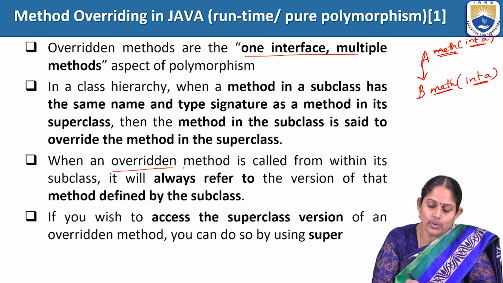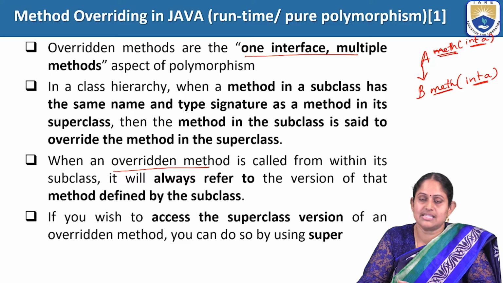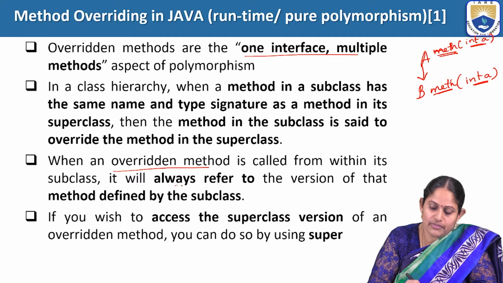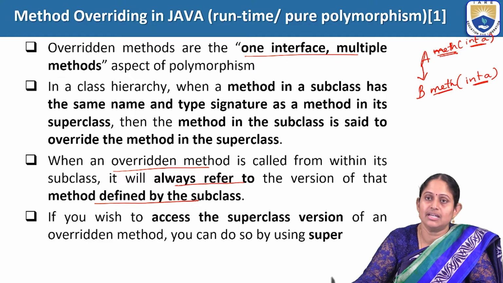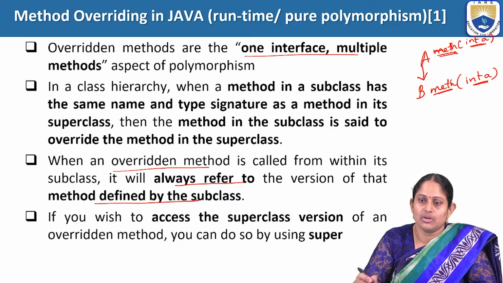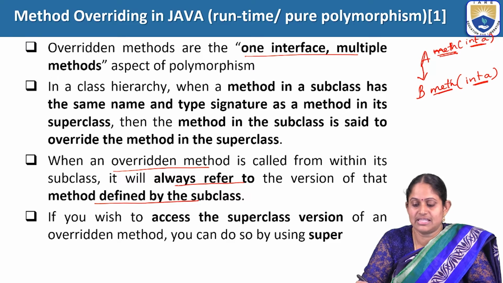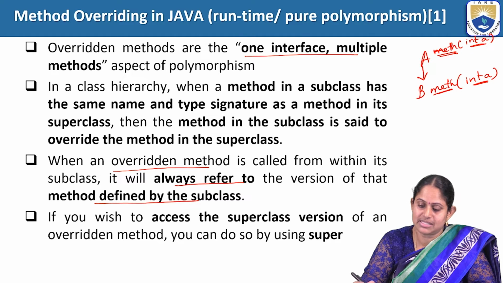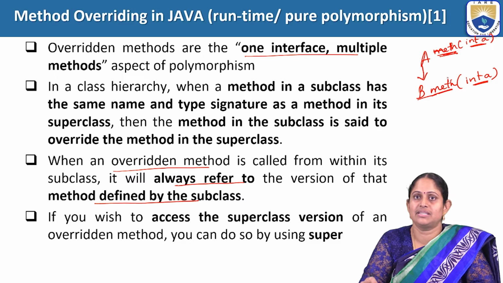That is, when an overridden method is called within its subclass, it will always refer to the method defined by the subclass. So in method overriding, they will have the same name and the same signatures. Here the child class method is overriding the parent class method.